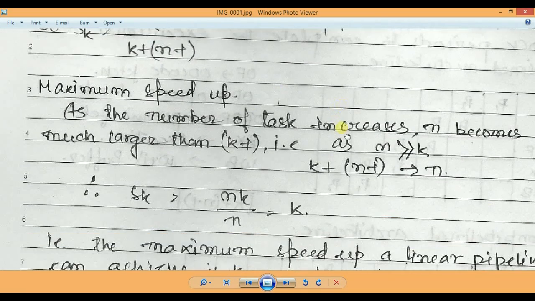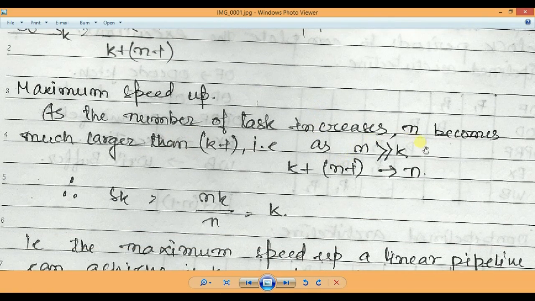Let's see how. As the number of tasks increases, n becomes very large. It becomes much larger than k minus 1. So n is much greater than k. So k plus n minus 1 is almost equal to n, because k is 5 and n is 10,000.